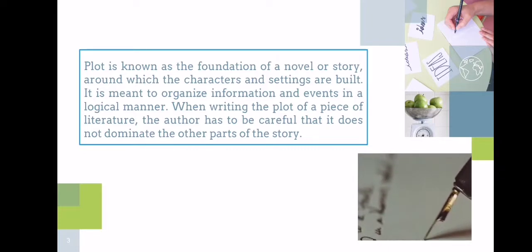What does this mean? It means that even though the author wants to have the sequence of the plot, he or she needs to be careful with the details surrounding everything. So the author at the end gives the reader a complete story with lots of information and background from characters and settings.